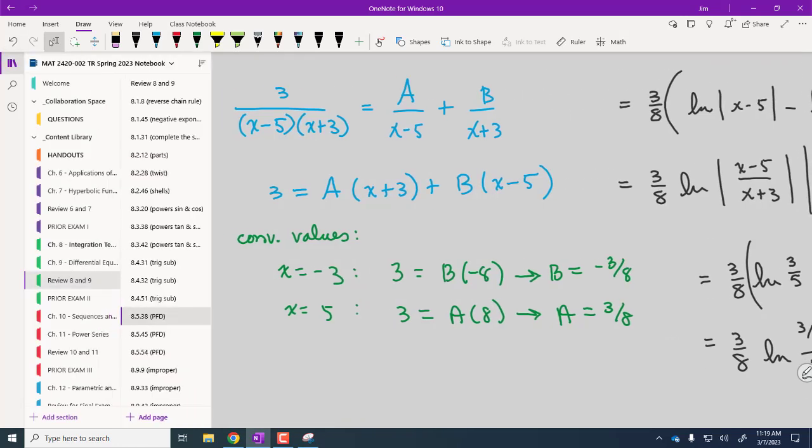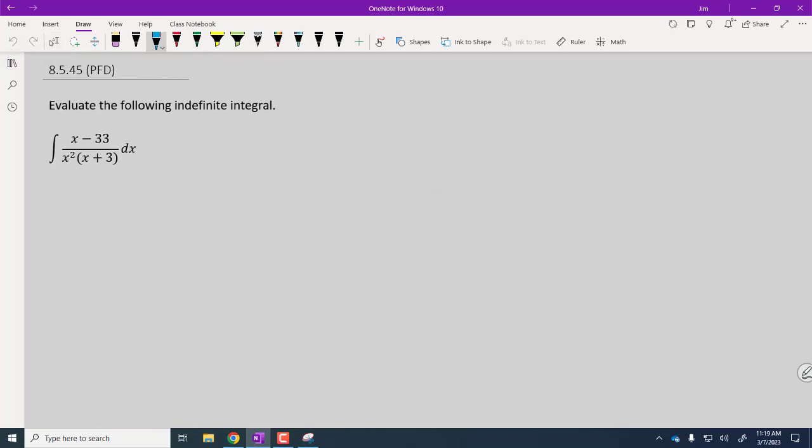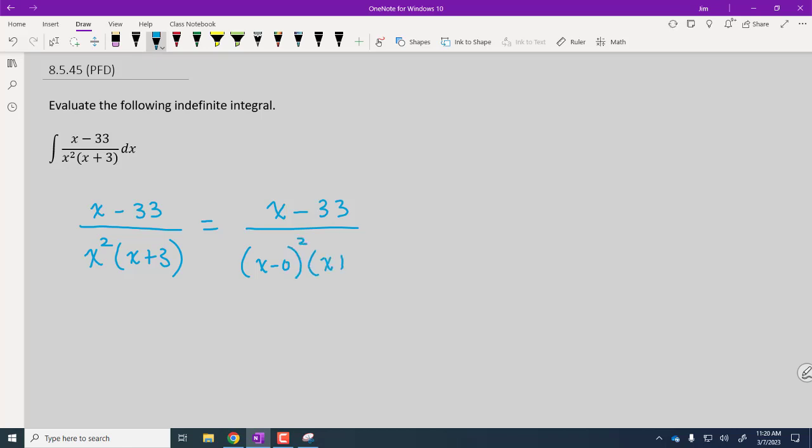Let's look at a PFD with a nonlinear. Let's go down here. Let me just say something about this one. Let's not do this one. Let's just set it up. Is that x squared linear or is it quadratic? That is not quadratic. That is a linear factor that is squared. We're thinking of it as x minus 0 squared.